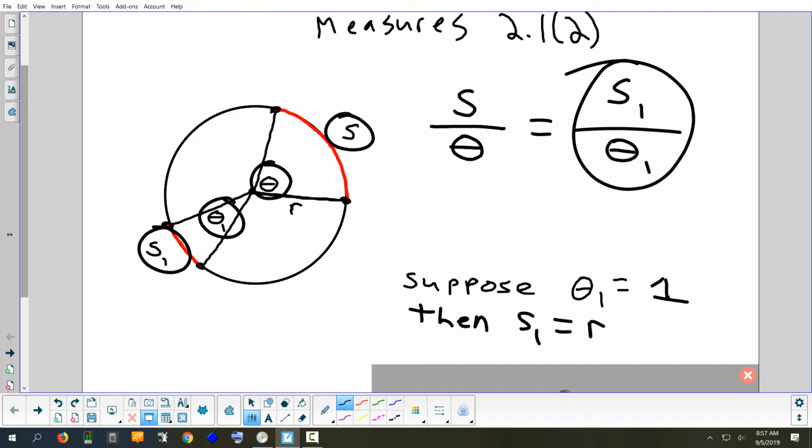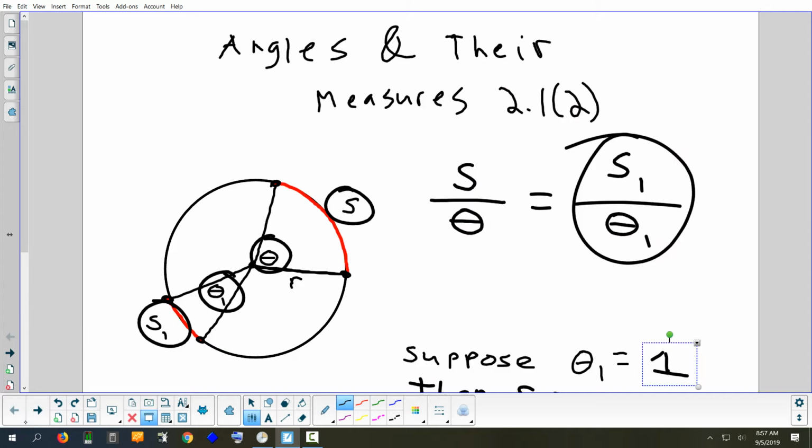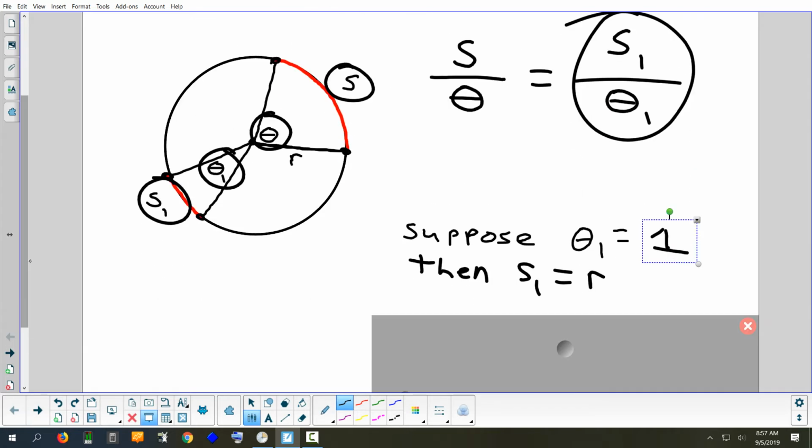Now, just because we said suppose theta 1 is 1 radian, because we picked a 1 here, it doesn't limit you in any way to using this formula. Just like you picked a 1 right here. Doesn't limit you as to what numbers you can plug into the formula. You can still use anything you want. You just started with a fact that was true. We're starting with a fact that's true, and that's what I taught you yesterday.